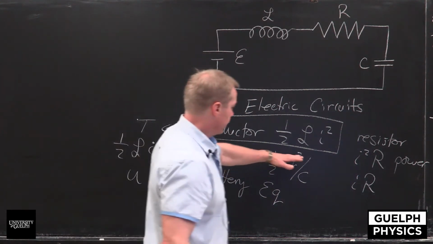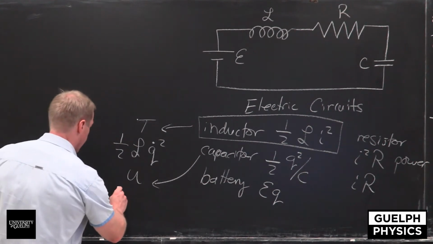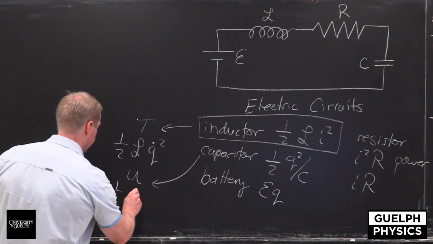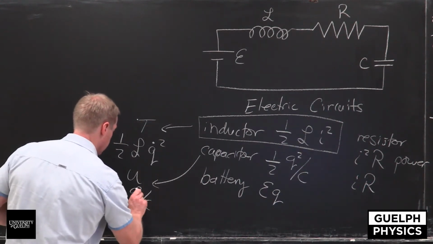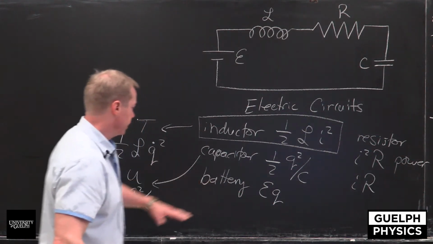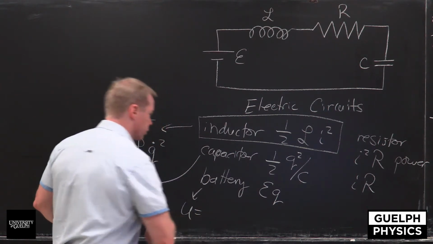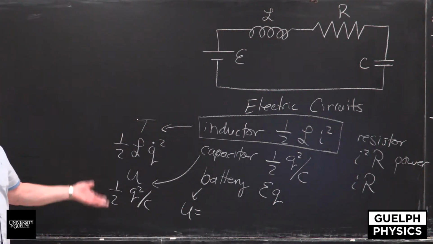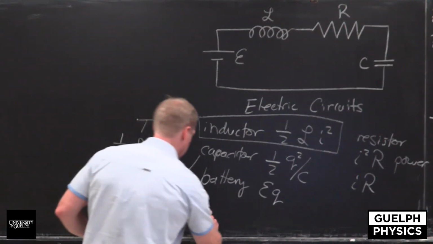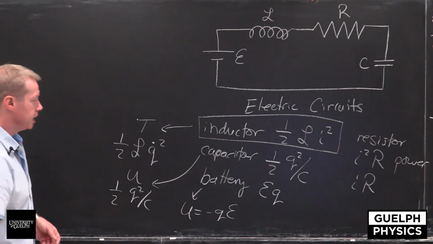So this looks very similar to a spring. And so that potential is 1/2 Q squared over C. The battery, this also looks like a potential term, but it's like a gravitational potential. So it goes as minus Q times E.